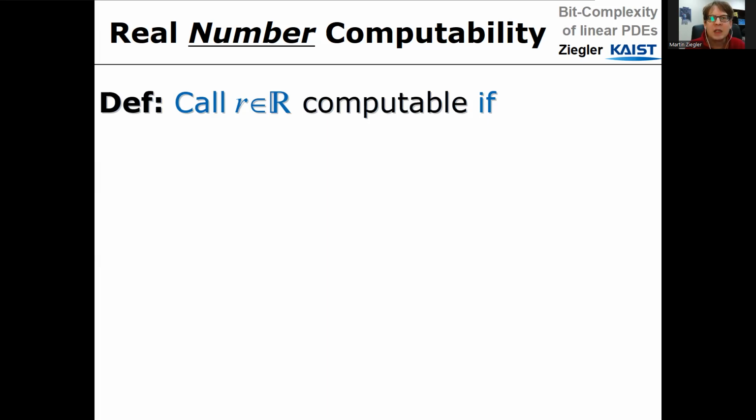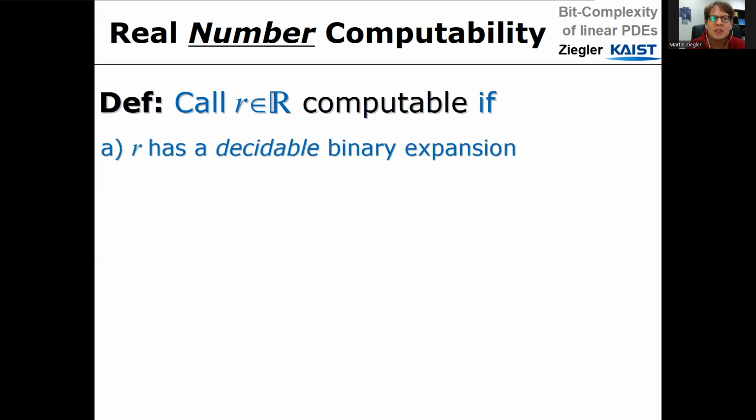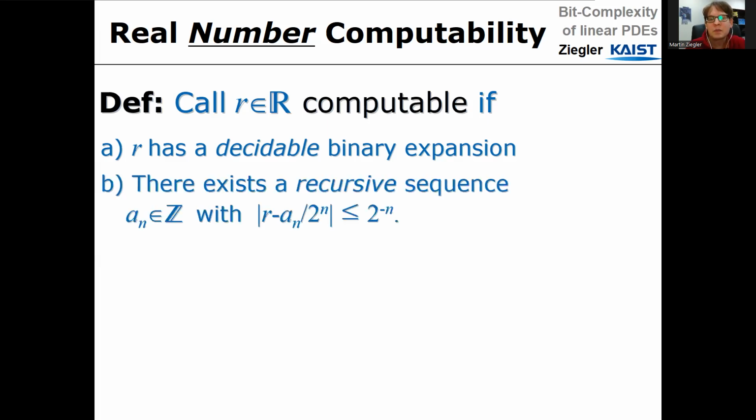I think there are at least three very reasonable ways of defining what it means to compute a real number, as opposed to, for example, an integer, a real number being an infinite object. First, the definition is to say that it must have a decidable binary expansion. Binary expansion is zeros, ones, false or true. So that's where the classical theory applies, and we can adjust that and say a real number is computable if it has such a decidable binary expansion.